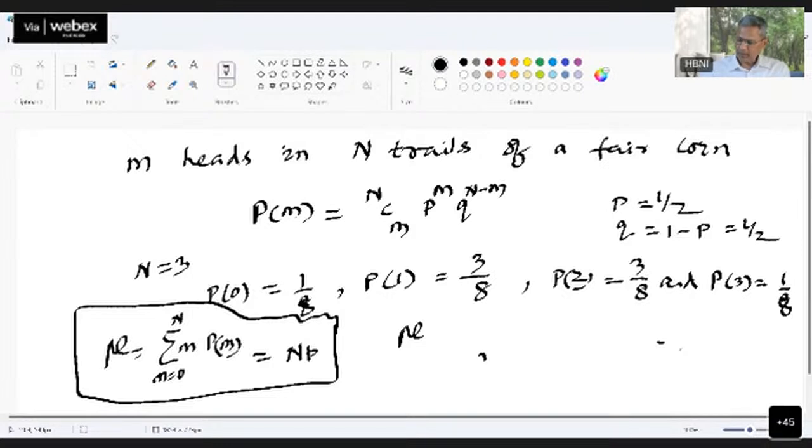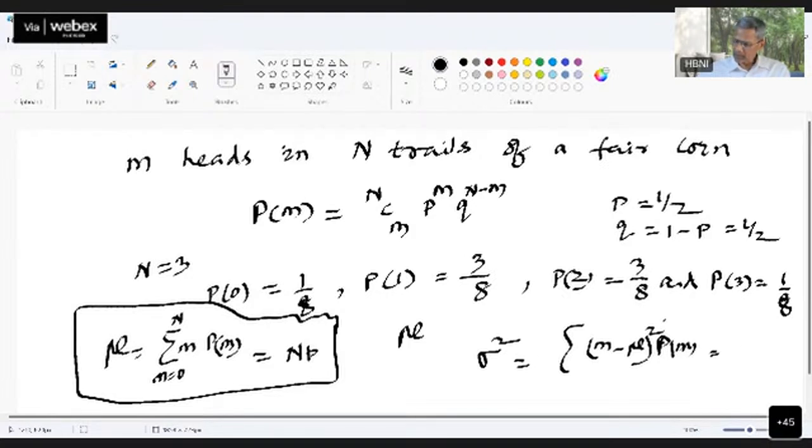Similarly, you can also find sigma. You will do the same thing, write the same expression, but here you write m minus mu squared, because your sigma will come.